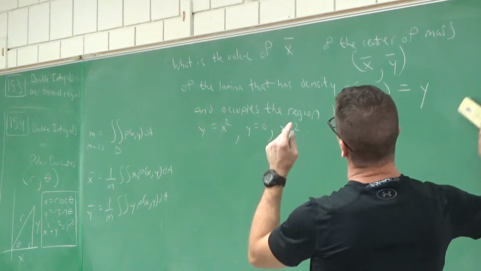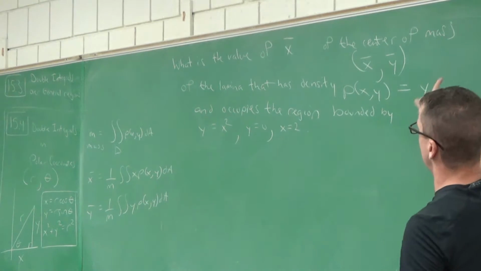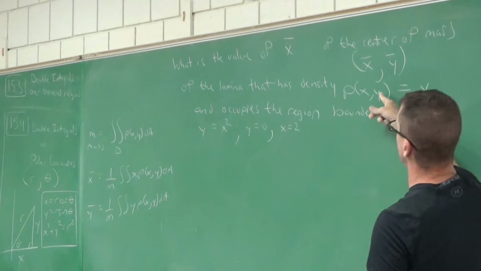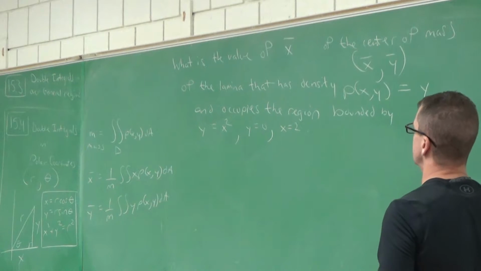Just find the value of x bar of the center of mass of a lamina that has density rho of x, y equal to y and occupies the region bounded by this.